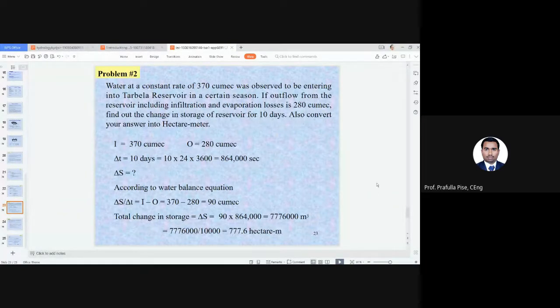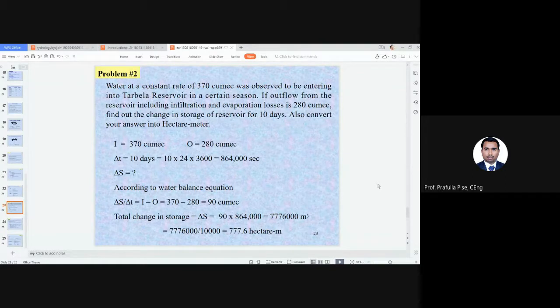Now delta S is the change in storage. According to our water balance equation, I inflow minus O outflow should be equal to delta S over delta T. So we get 370 minus 280 equals 90 cubic. So delta S over delta T is 90 cubic.